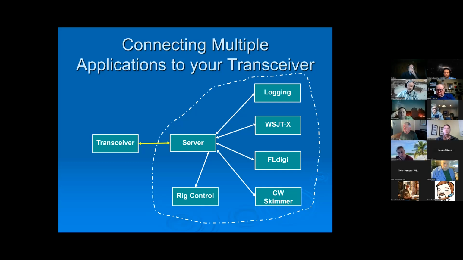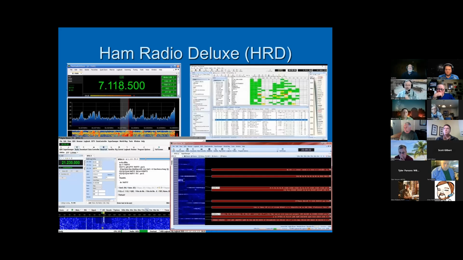These are like logging programs or things like Ham Radio Deluxe. That's like a Swiss Army knife. Embedded in that thing, you have rig control. We'll get into it, but it has all of this stuff kind of combined, and then it has extensions to do other third-party things, so they can connect to these other third-party apps that you may want to end up running. So here's good old Ham Radio Deluxe.